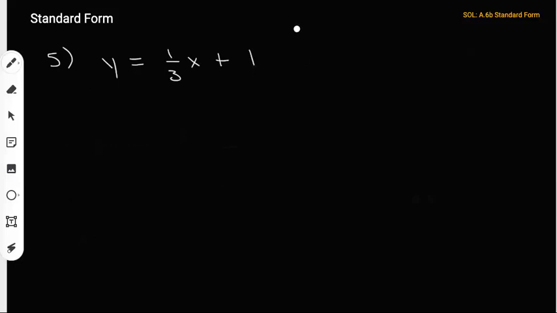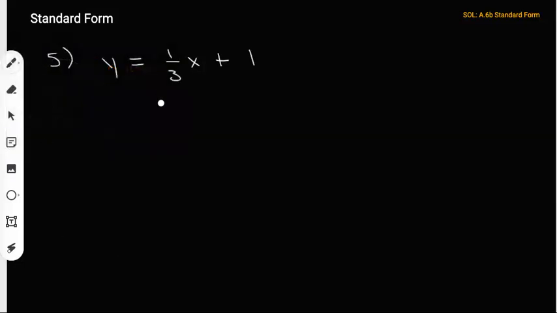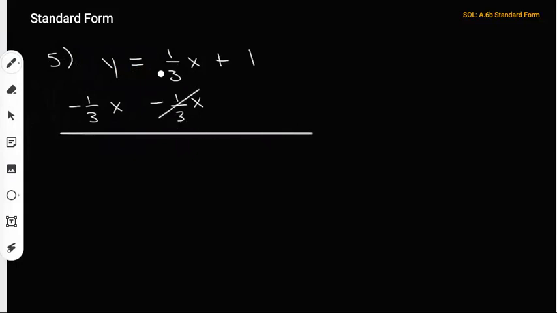Since this is a positive 1/3, what I can do is subtract 1/3 x from both sides. When I do that, the x terms on the right side are going to cancel out, leaving me with a positive 1. On the other side, I have negative 1/3 x plus y.